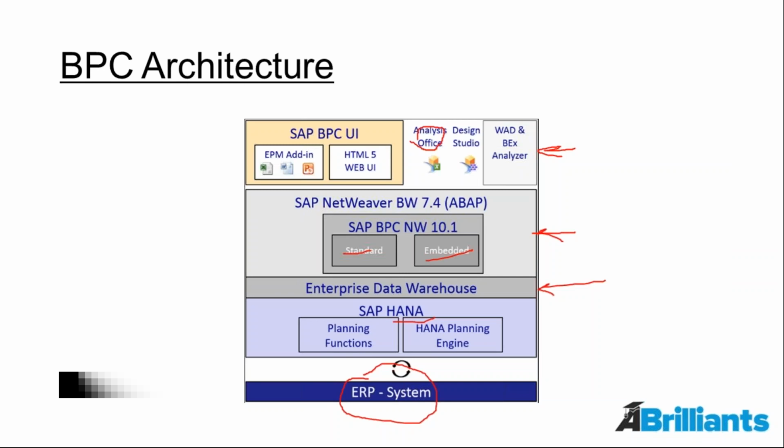So there are mainly 3 interfaces: BW system, which we call as backend, BPC web, which we call as front end, and then EPM add-in, that is for reporting.